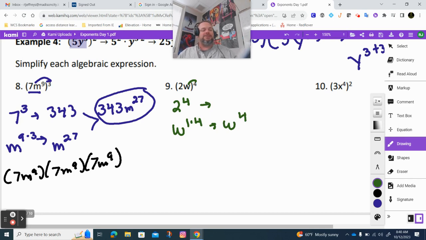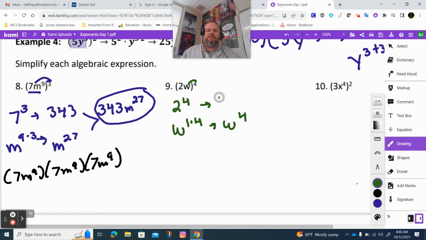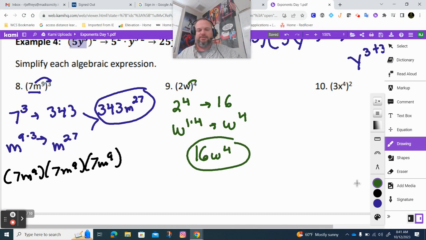All right. So 2 to the fourth power is 16. So all this now becomes 16w to the fourth. Now, this was understood to be w to the first. Okay. That was understood to be w to the first. Yeah, there's not an exponent in this problem.